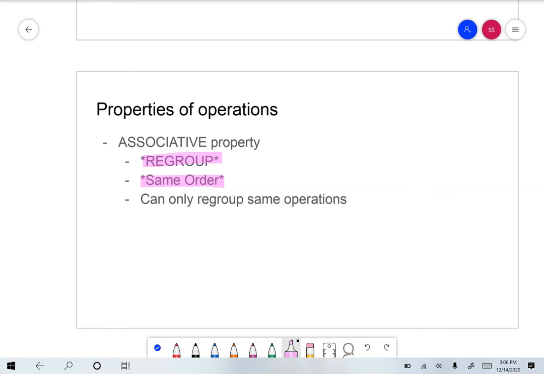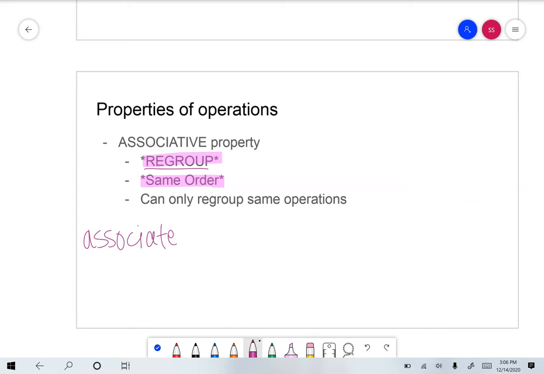So with associative property and how to remember that it's regrouping that we're talking about, not reordering, think about the word associate. Okay, like I associate with my friends, right? I communicate with my friends and talk with them, I'm with them, I associate with them.